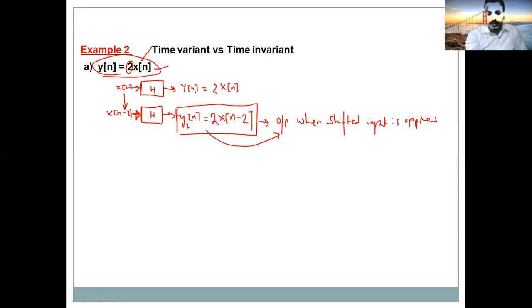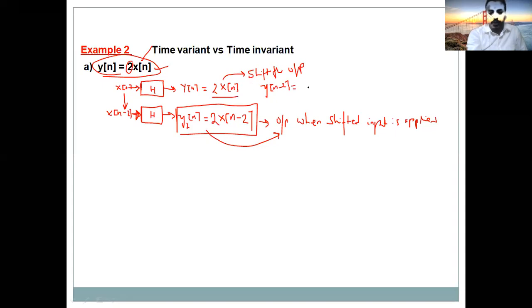Now in this case, shift the output itself. y of n is the output, right? Shift it by 2. What will be the result we get? Where is the output?